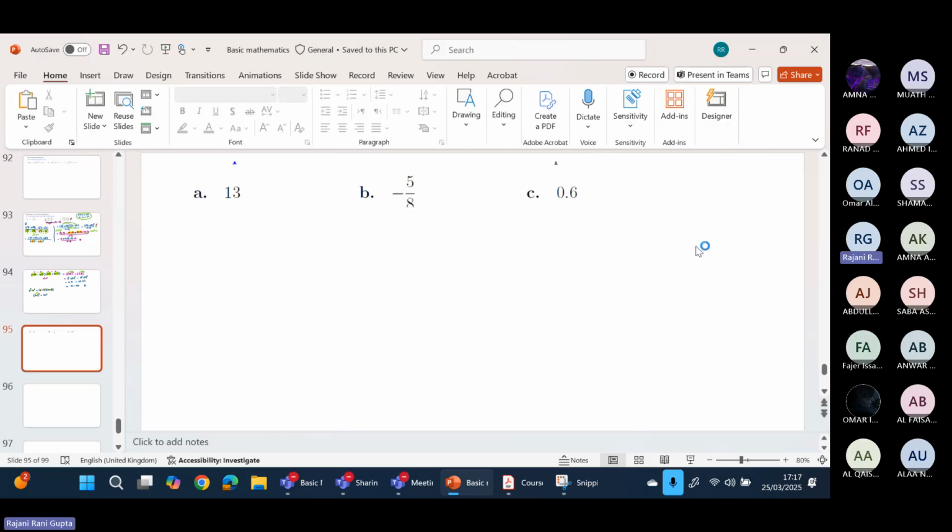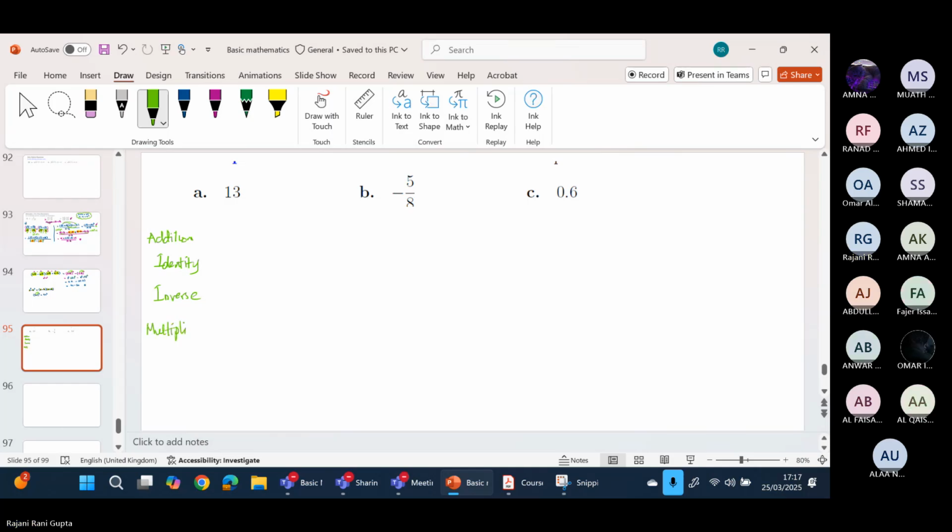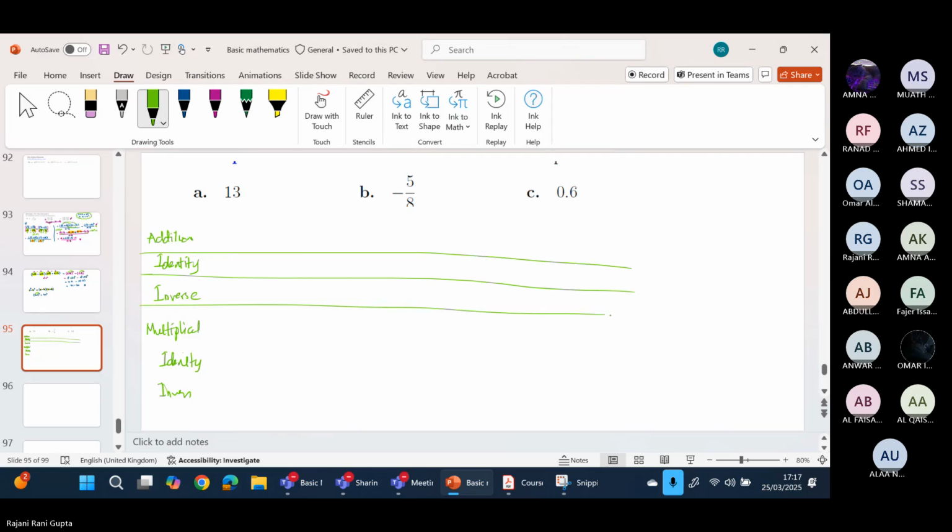Okay, if I have this, quickly tell me. Addition, identity, and inverse. And for multiplication, identity, and inverse. Yes, tell me, for 13. Huh?